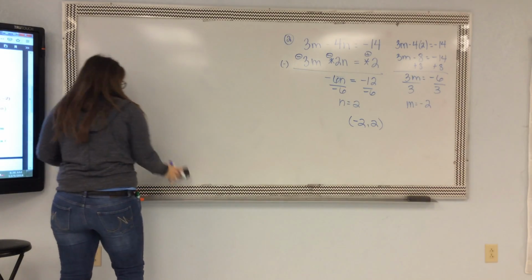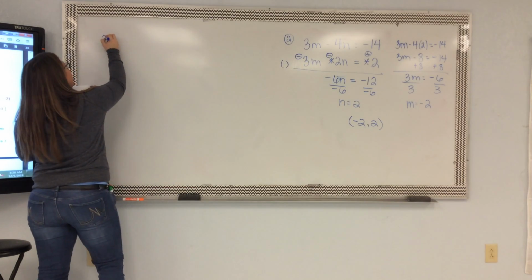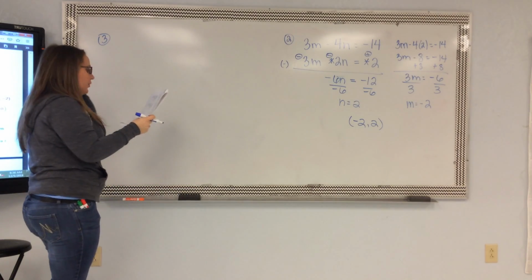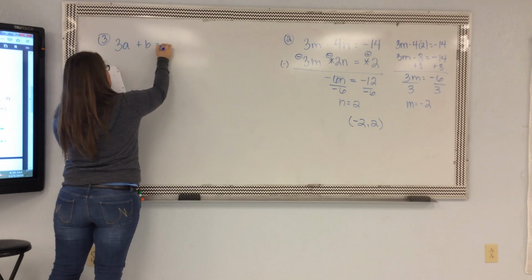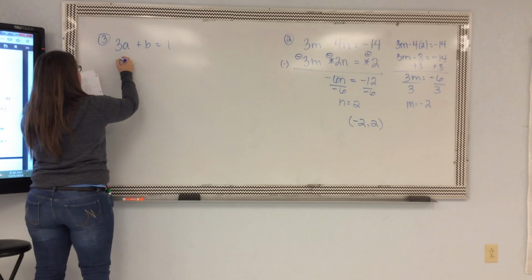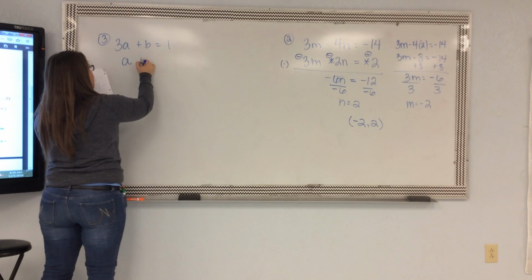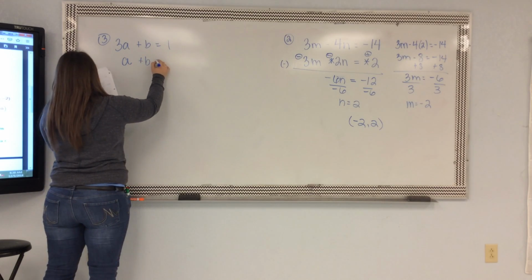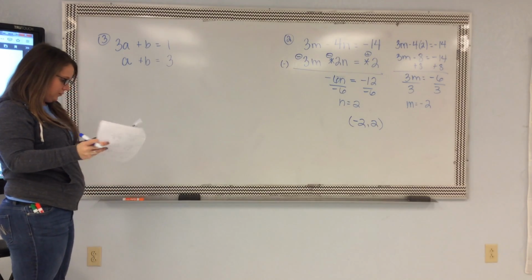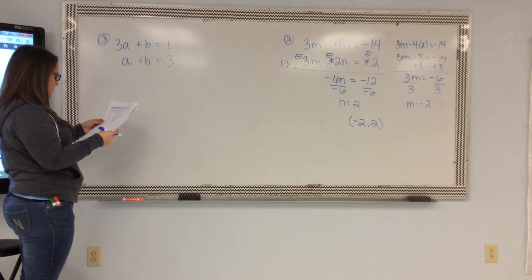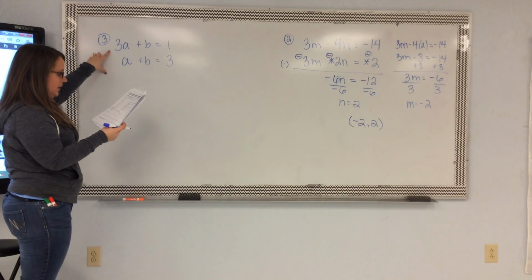Number 3 says 3a plus b equals 1, and then a plus b equals 3. Double check and make sure that's right. 3a plus b is equal to 1.